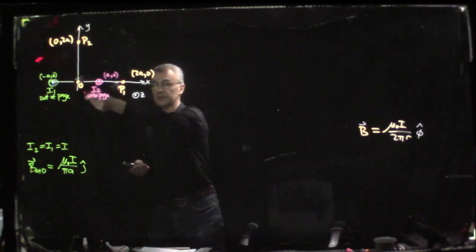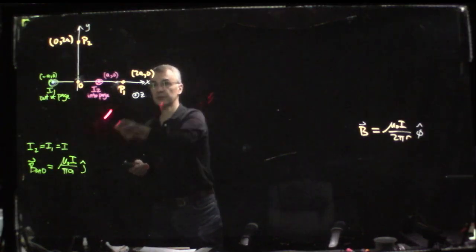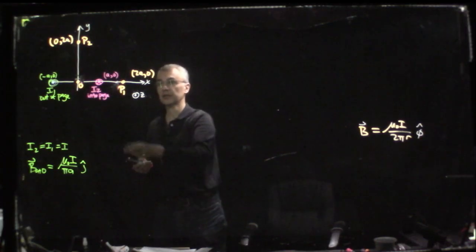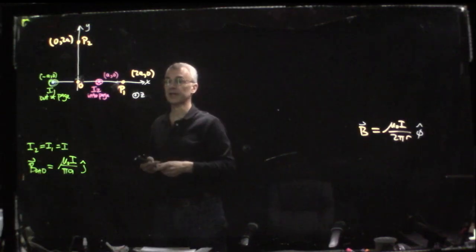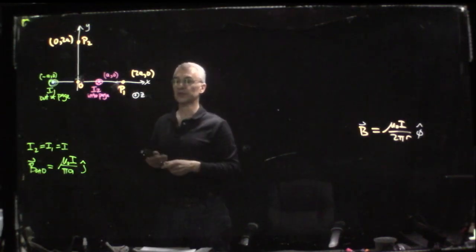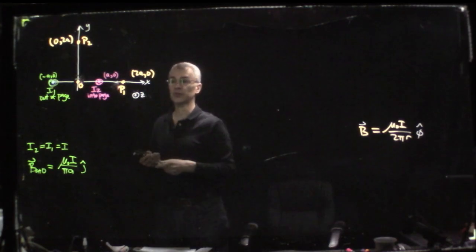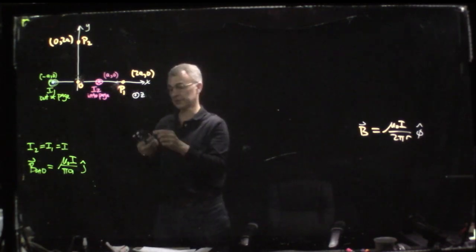And again, the magnetic field due to current 1 is going to be counterclockwise, but current 1 is 3 times as far away from P1 as current 2 is. So the contribution from 2 is going to be bigger than the contribution from 1.